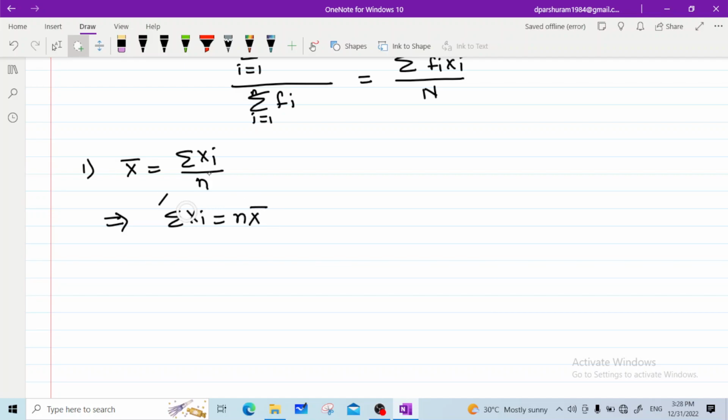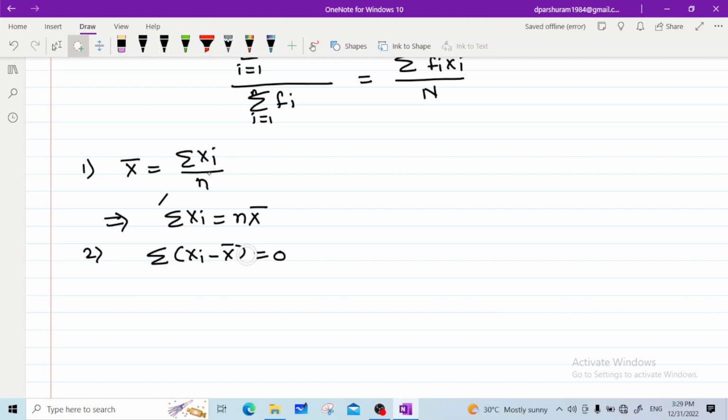That is, sum of observations is equal to the product of the arithmetic mean and the number of observations. The second property is the algebraic sum of deviations of observations taken from their arithmetic mean is 0. That is, summation of xi minus x bar is equal to 0.